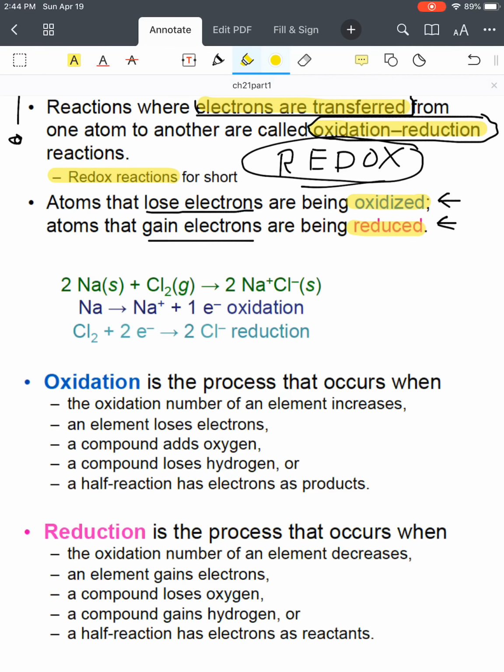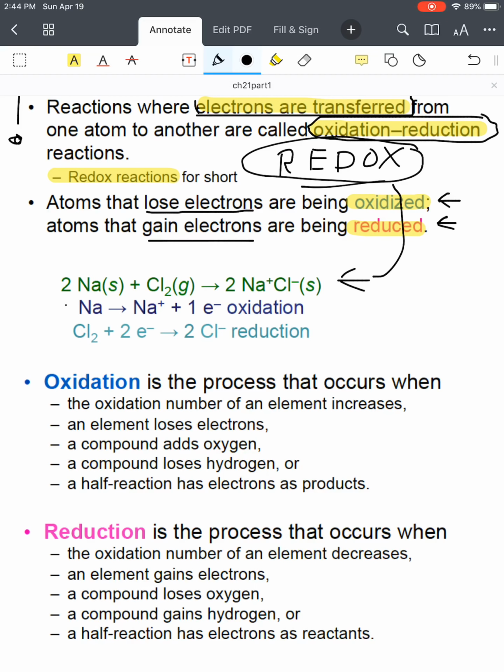Now, just to give us first glance at this, let's look at this reaction right here. This is an example of one of these redox processes. Something's oxidized, something's reduced. Now, if we look at this and specifically how the reaction works, let's break it down. That's done below the green text.